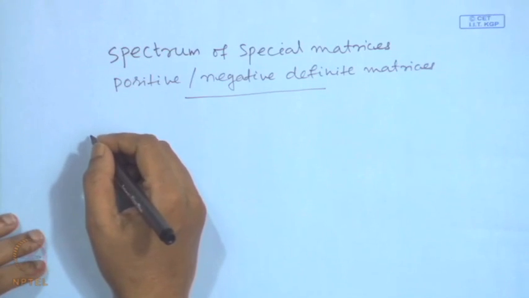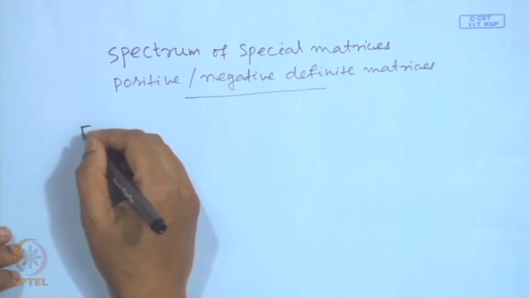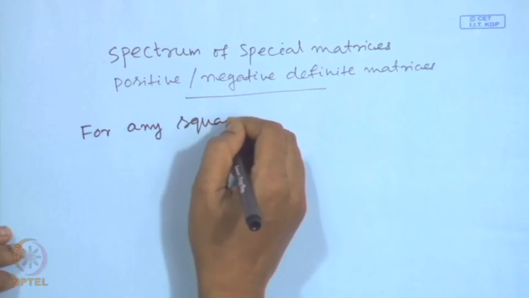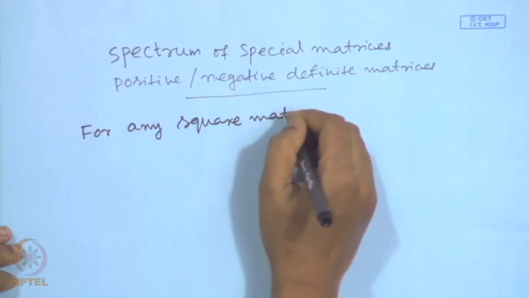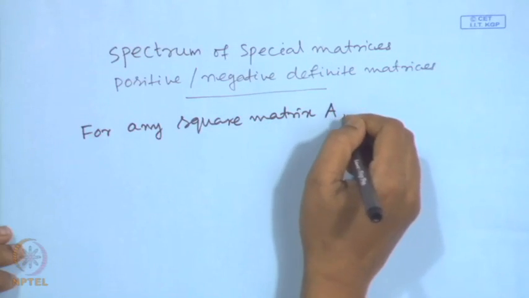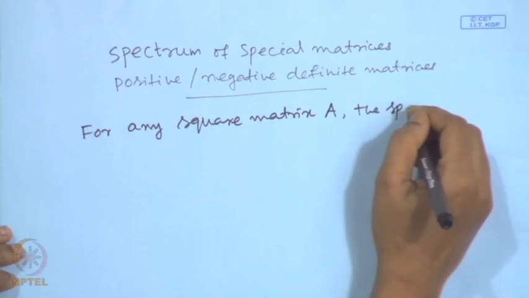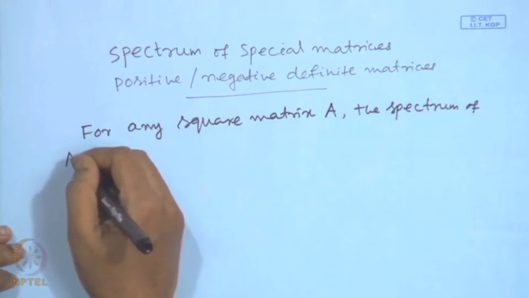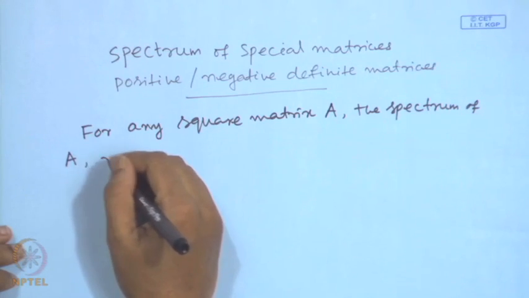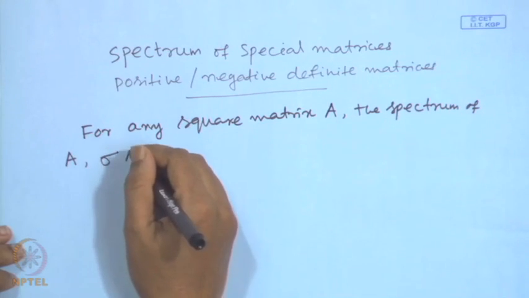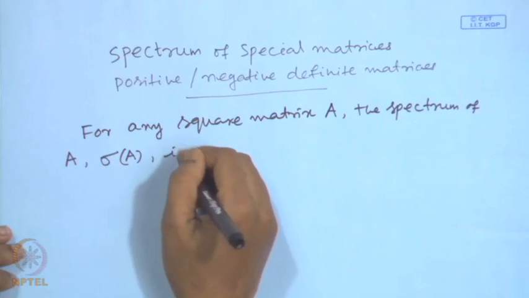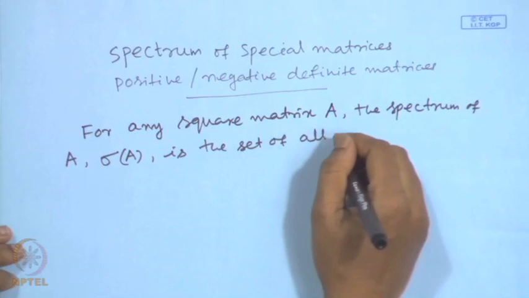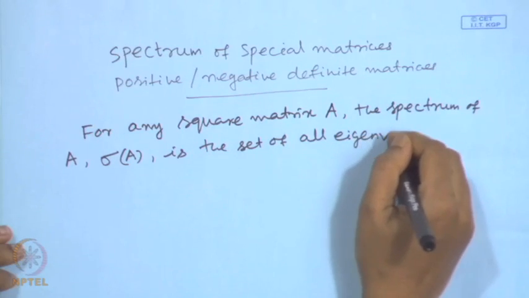So, for any square matrix A, the spectrum of A, usually denoted by sigma A, is the set of all eigenvalues of A.